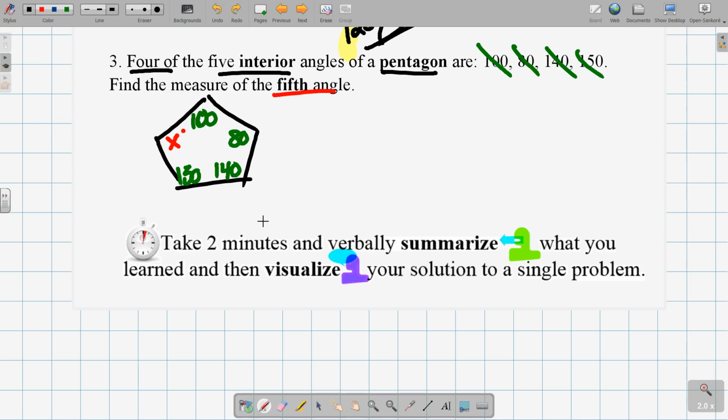Now, this would be so easy if it was a triangle because you knew triangles always add up to 180. So you ask yourself, what is the sum of the interior angles? Sides minus 2 times 180.